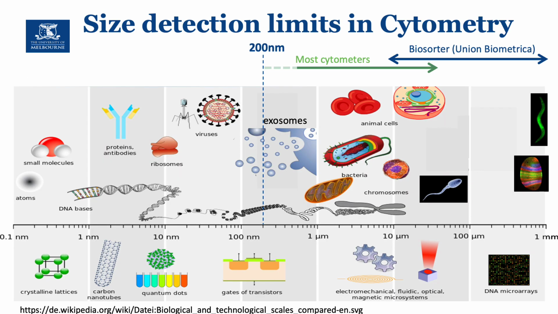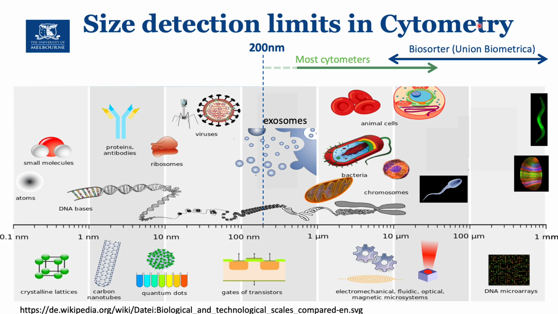And when you consider the size that typically can be detected in cytometry, if you consider the scale of all things, so I got this from Wikipedia, most cytometers stop right at the 200 nanometer particle size in terms of scatter definition. They have 200 nanometers as a limit in terms of the minimal size that they can detect.